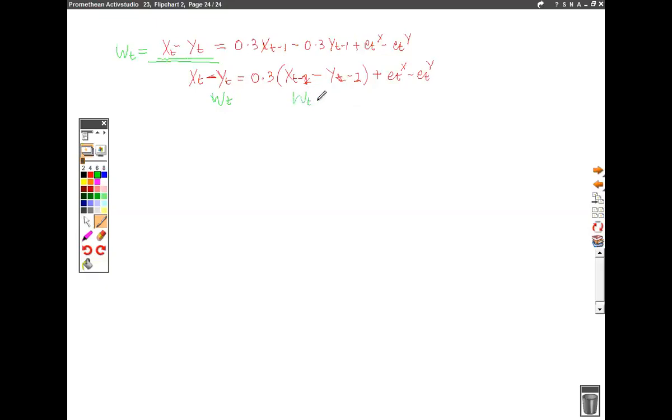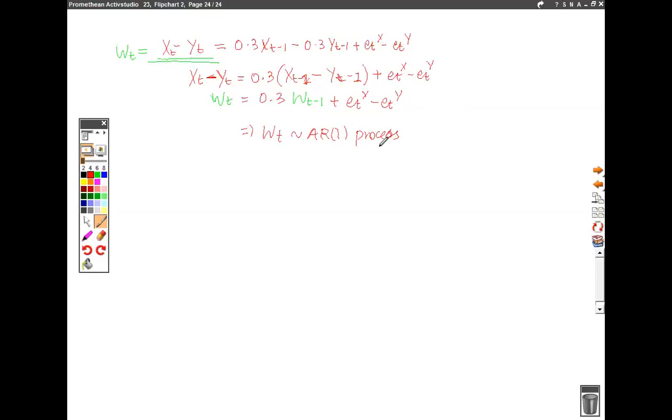So my wt is just an AR process, and it only depends on one lagged value of wt. I can conclude that my wt is an AR1 process.